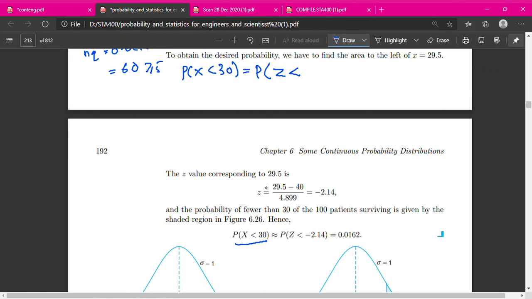So because of a-nya adalah less than, so 30 tadi kena tolak dengan 0.5, tolak dengan mean yang 40, bahagi dengan standard deviation 4.899. Sebab tu dia akan dapat kat sini, probability of z less than negative 2.14.